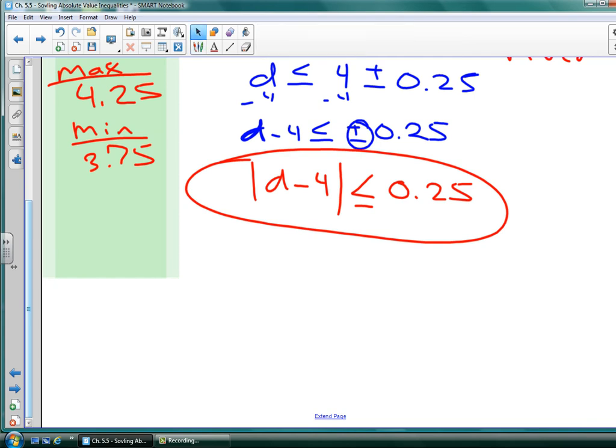To show my algebra so that I can prove how I did that, we'll do exactly what I've done before. Split it up. d minus 4 is less than or equal to 0.25. That's the original.